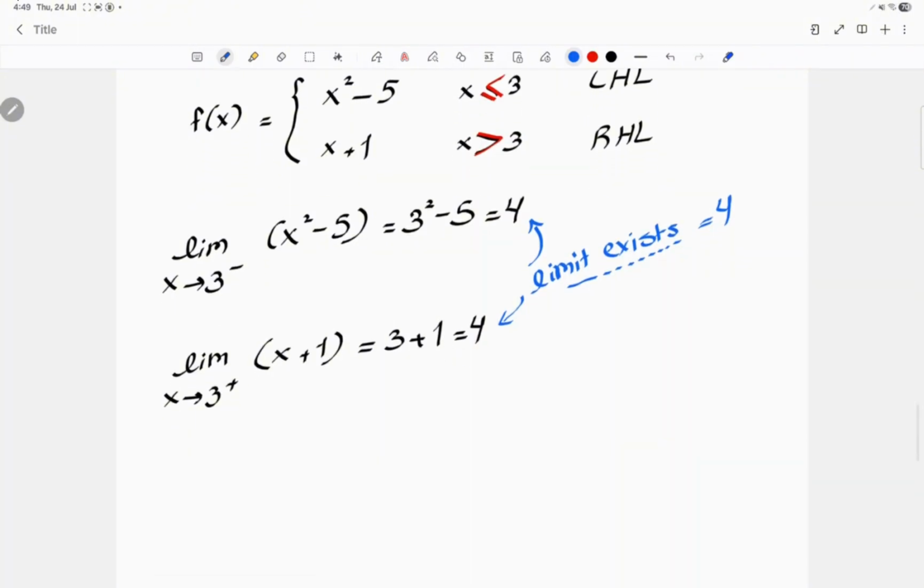Okay, let's now do some trig functions. So here we have limit of x approaching pi over 4 of 3 cosine of x. Now, do you know the cosine of pi over 4? You must know for the exam, it always comes back.